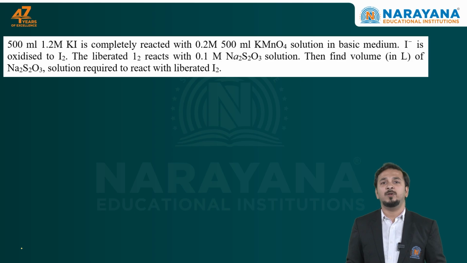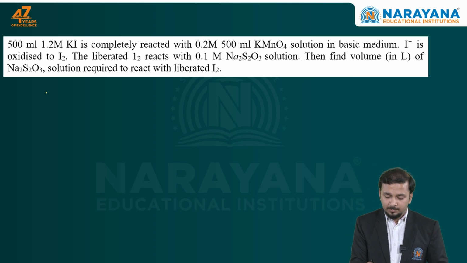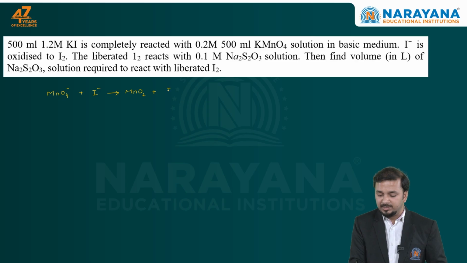So this again will involve calculation, as we can directly see. So first of all, let's write the reactions. The reaction will be MnO4 minus plus I minus will be converted to MnO2 plus I2.